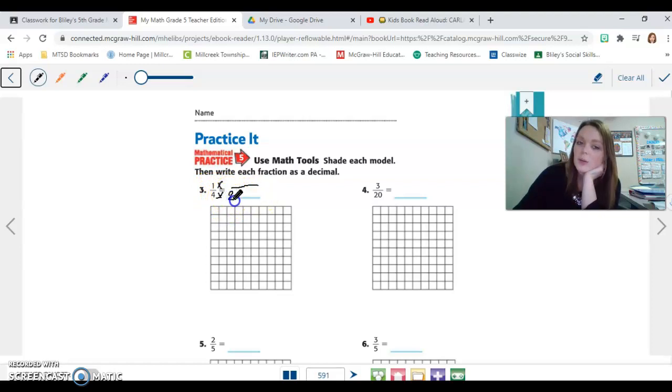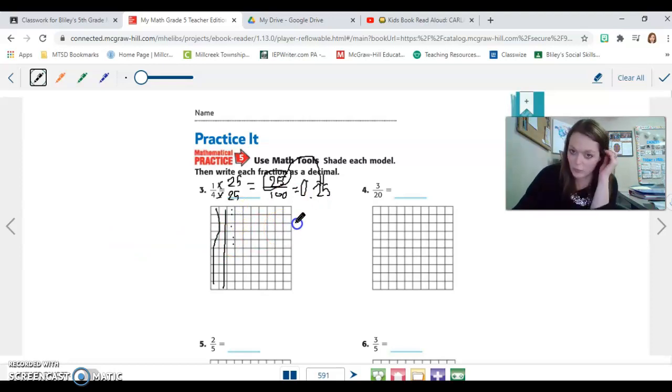So we are going to multiply the top and the bottom by 25. 4 times 25 is 100, and 1 times 25 is 25. I'm going to color in 25 boxes. 1, 2, 3, 4, 5. And then I'm going to make this a decimal. This is a 0, decimal. Carry my top number all the way over, 25. So 25 hundredths is my decimal.